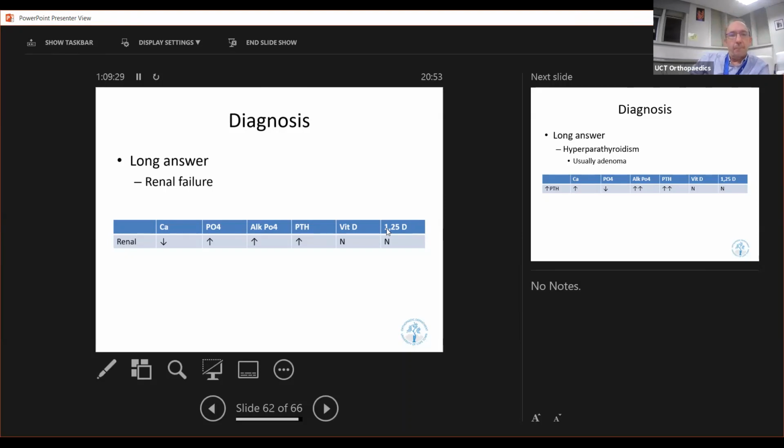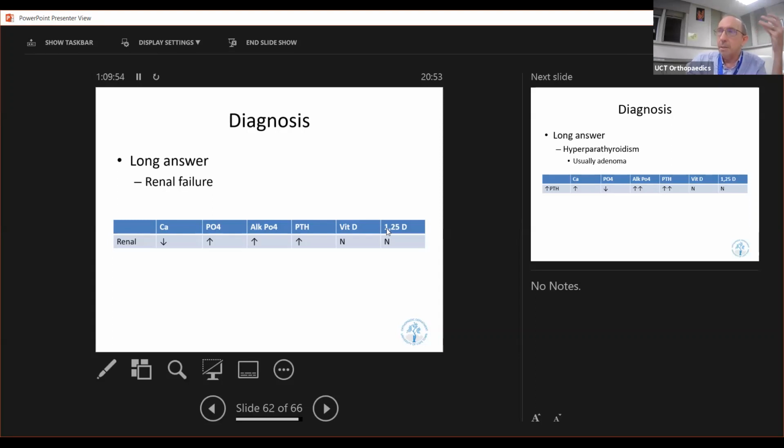The renal failure. In renal failure, for various reasons, both because your kidneys are leaking calcium, your kidneys are leaking protein, and because your kidneys are failing to metabolize your vitamin D from raw to active forms, your calcium is going to be down. Phosphate, because you're not secreting it actively, is now rising.